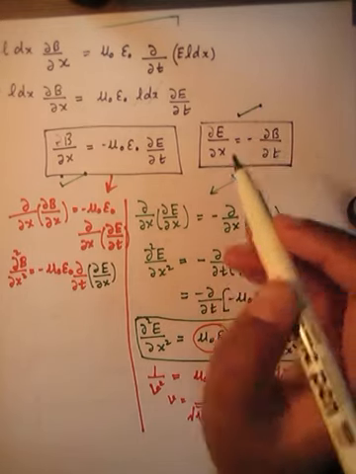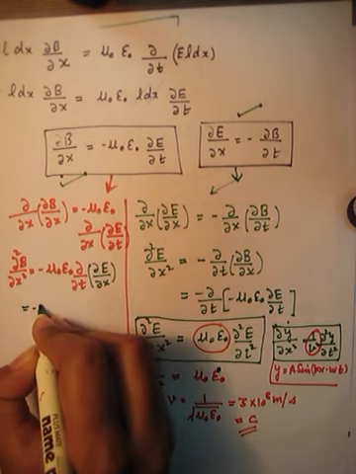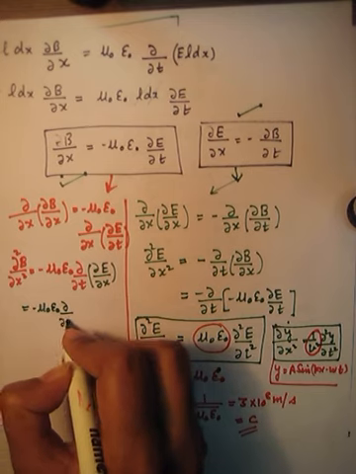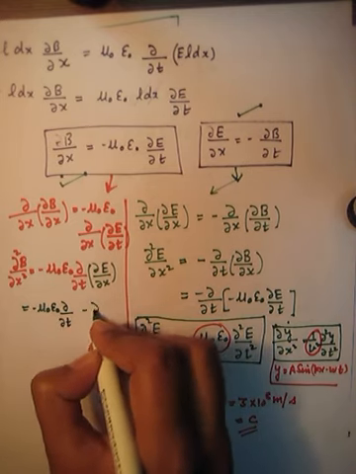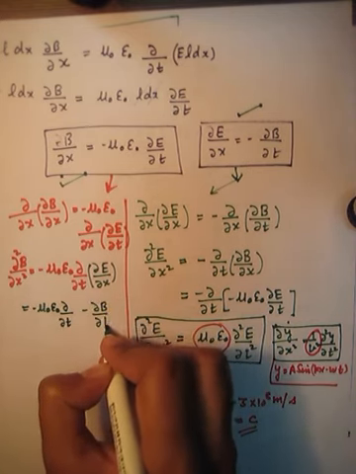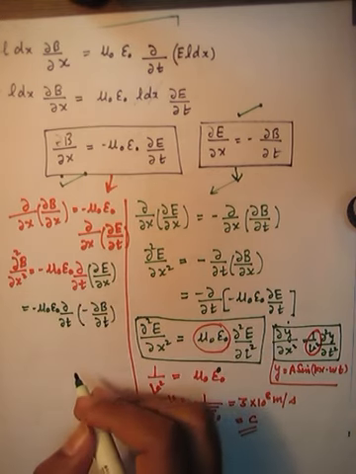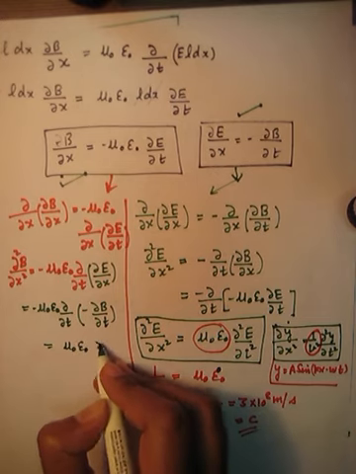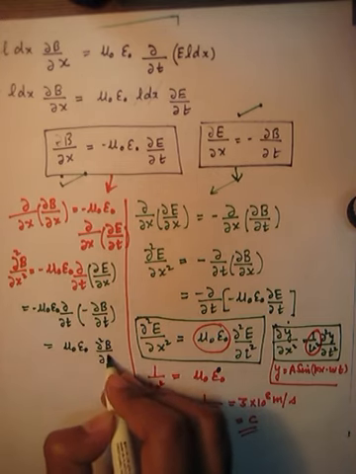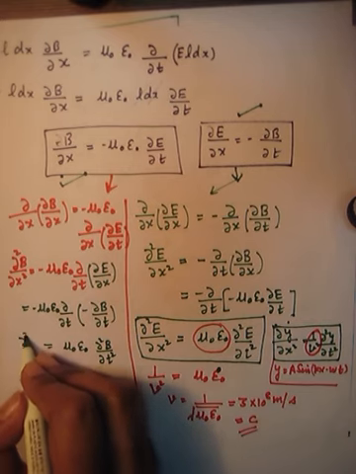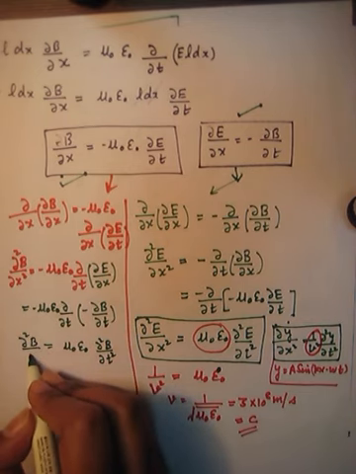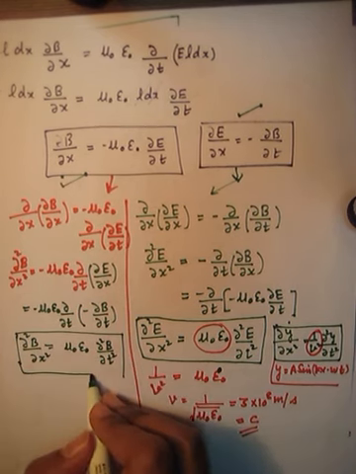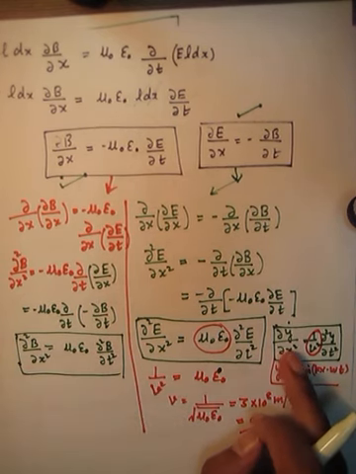Let's replace this equation. So it will be minus μ₀ε₀ ∂/∂t of minus ∂B/∂t. So it will become μ₀ε₀ ∂²B/∂t², and the left hand side was ∂²B/∂x².